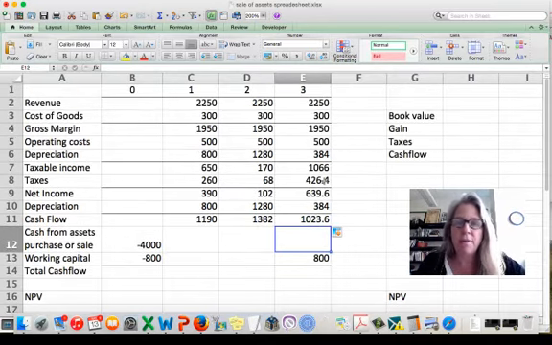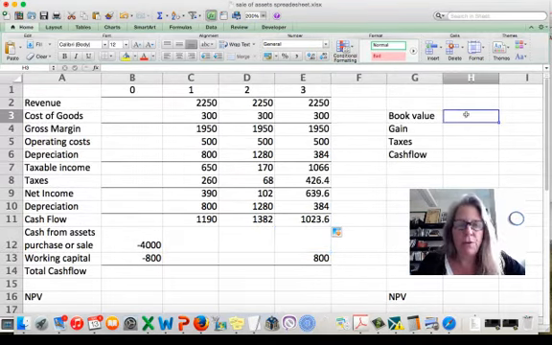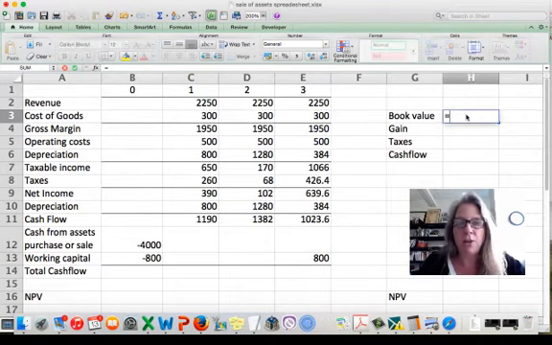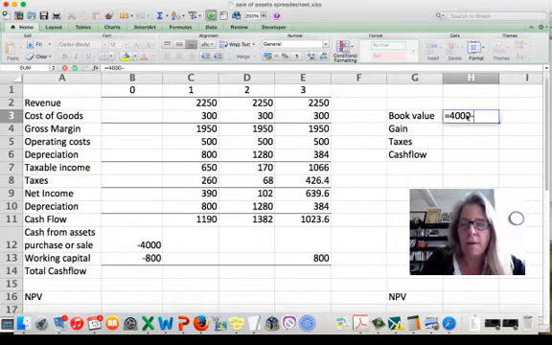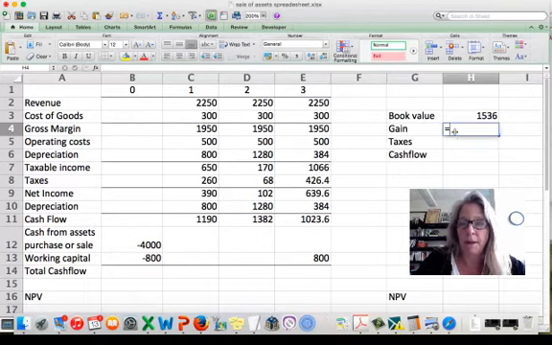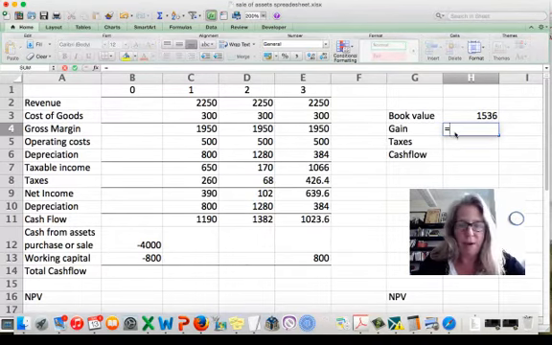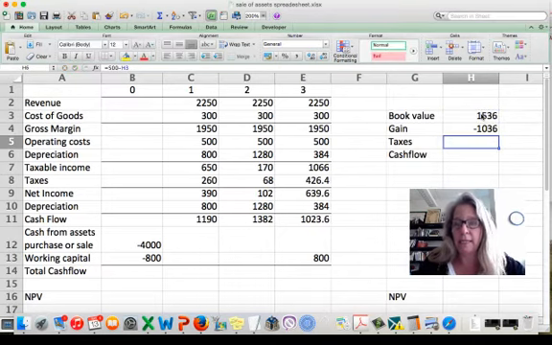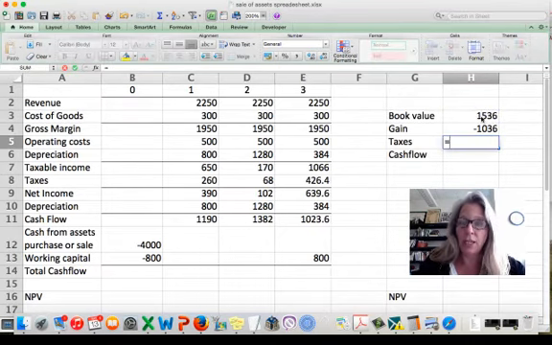The thing I don't have here is the gain on the sale. So I'm going to go up here and do that calculation separately. The book value is going to be the initial investment of $4,000 minus all the depreciation to date. So I'm just going to go ahead and subtract out these depreciation numbers to get the book value. The gain is equal to the $500 that I'm selling it for minus the book value, which is actually a loss.